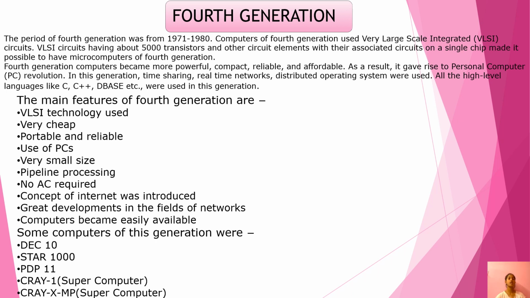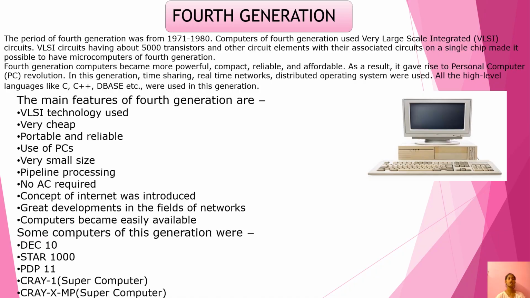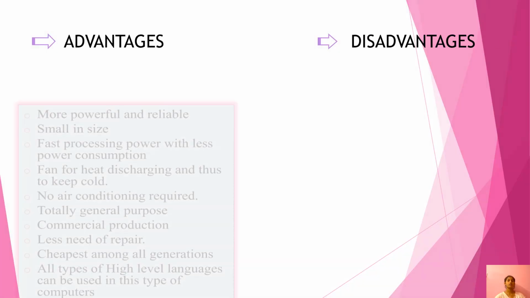Some computers of this generation were Star 1000, PDP-11 and Cray 1 like supercomputers, and DC-10.